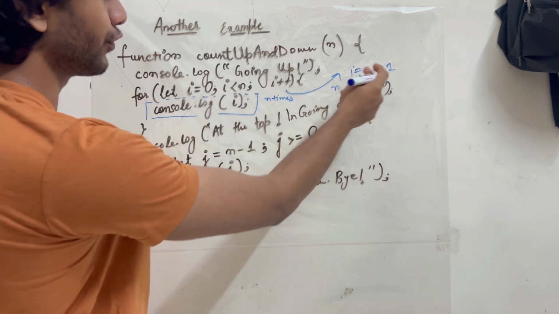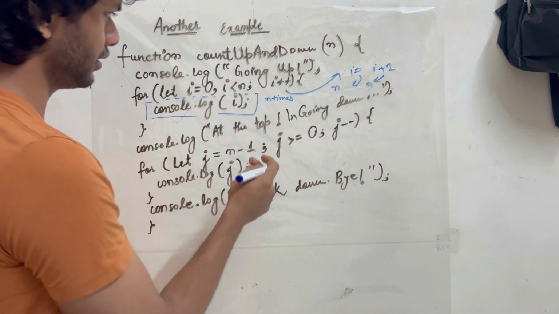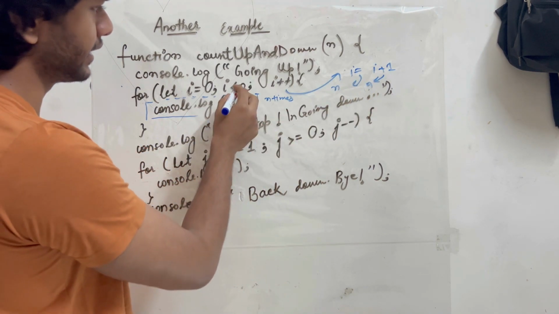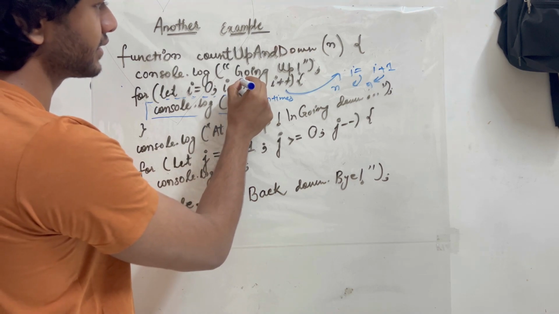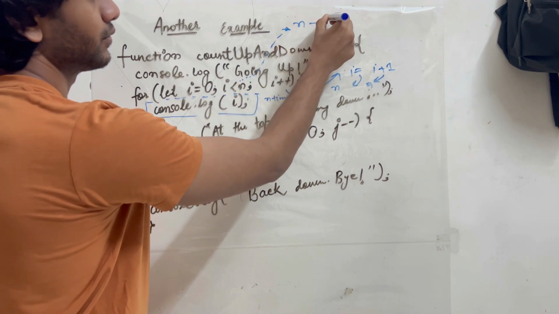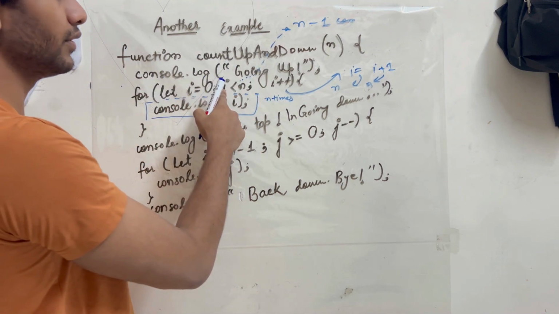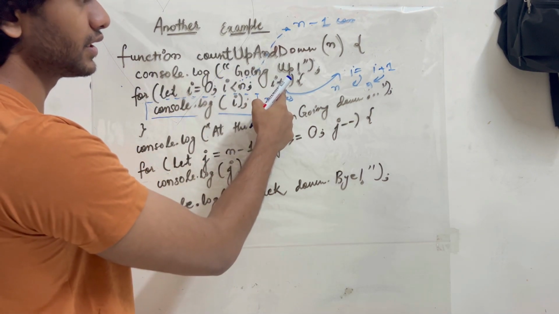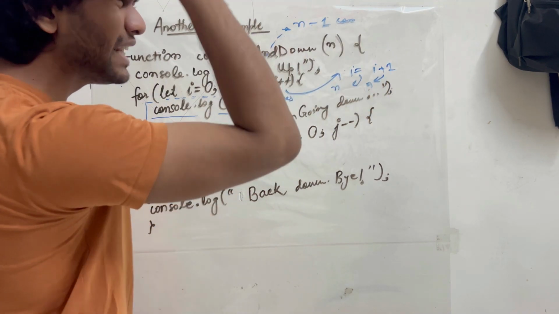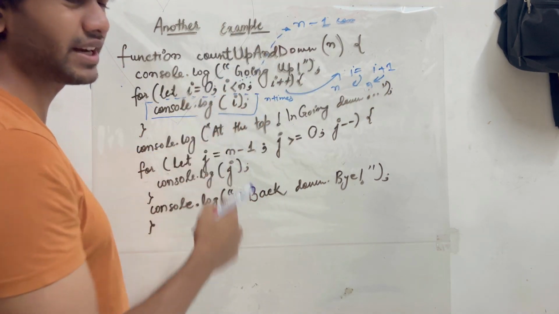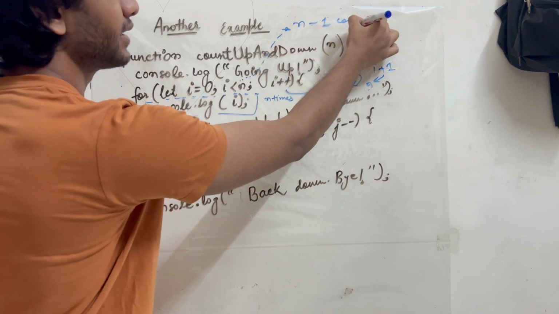The inside thing runs n times, and here there are n minus 1 comparisons. Why? Because i is always less than n and increases by 1, so it should be one less time.